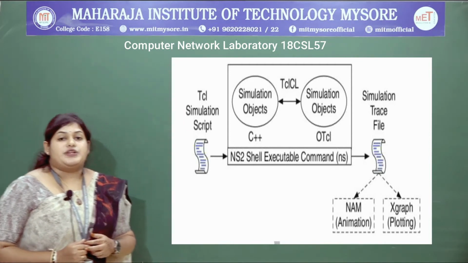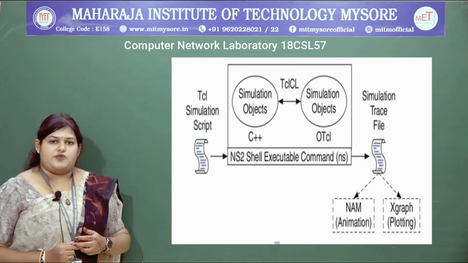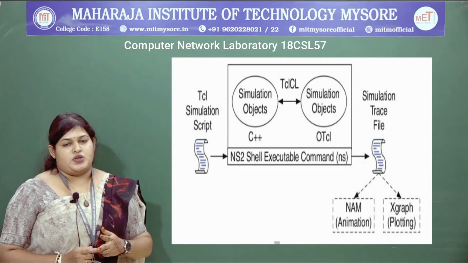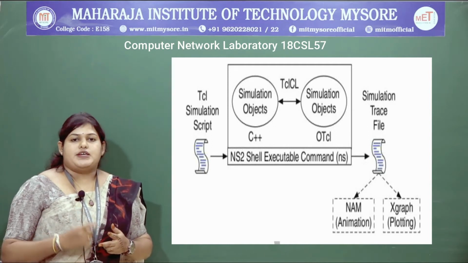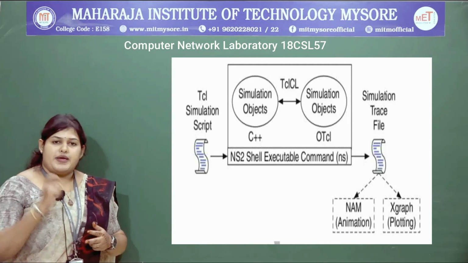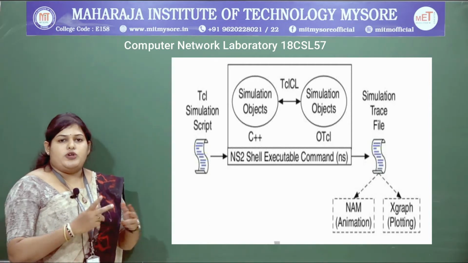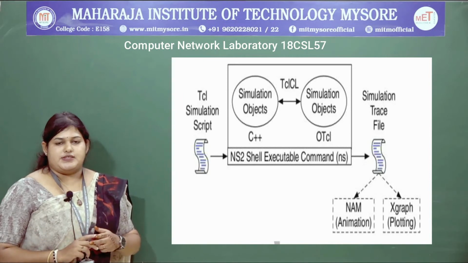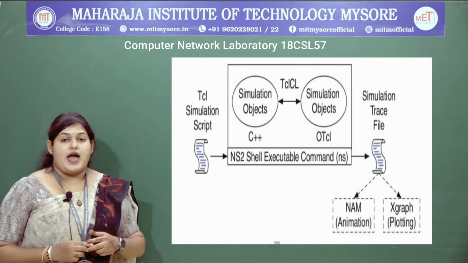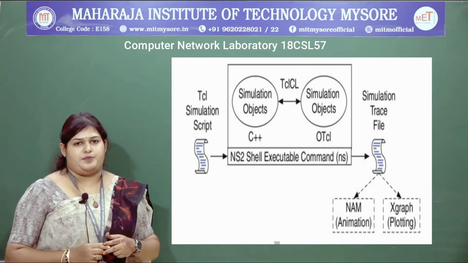In order to trace the required files in the network simulation, that's the main advantage of NS2, where we can trace each packet that is flowing between the two nodes. To analyze that, we use two files: one in graphical form and one in the form of an animation, that is your NAM.